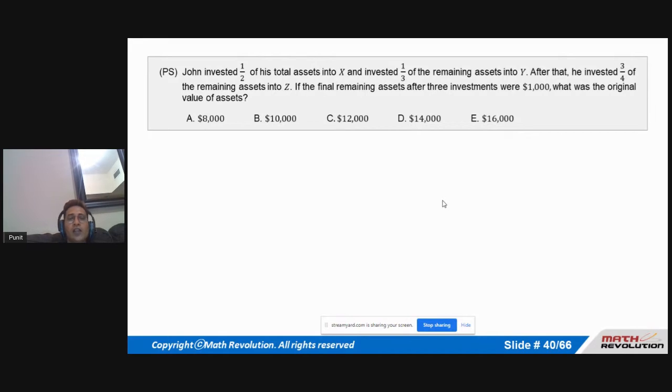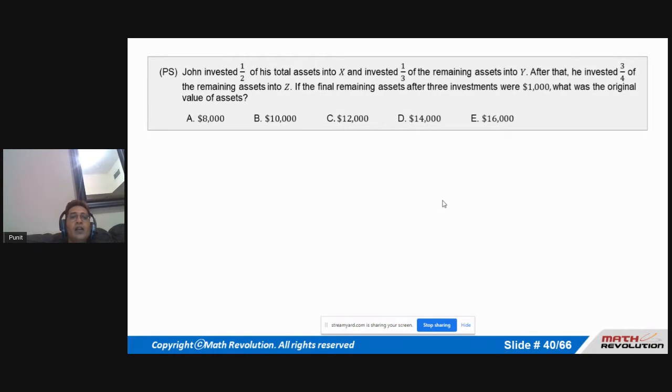So the question here says, John invested 1/2 of his total assets into X and invested 1/3 of the remaining assets into Y. After that, he invested 3/4 of the remaining assets into Z. So there are three investments made, one in X, one in Y, one in Z. The fractions are different, and for Y and Z they are the remaining portions.